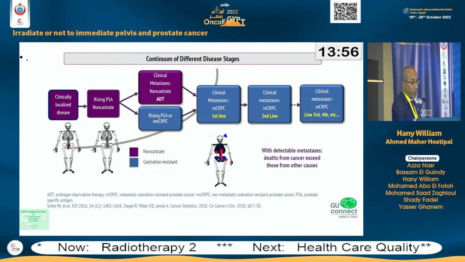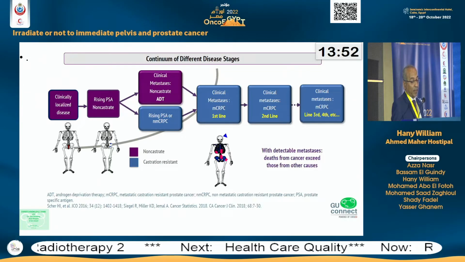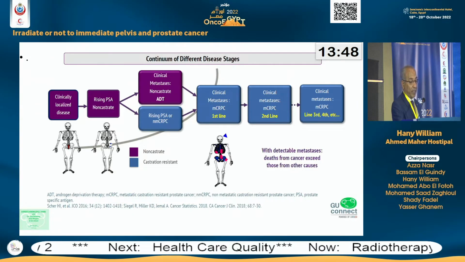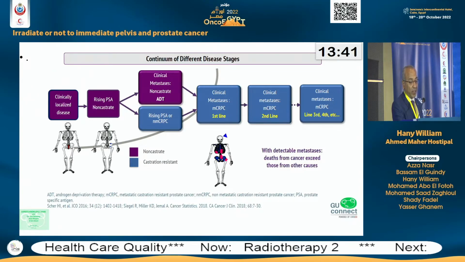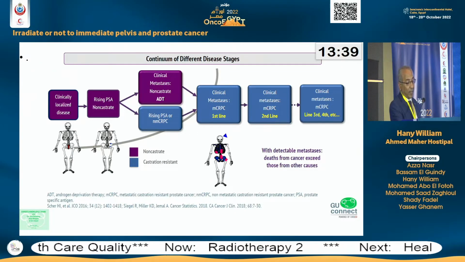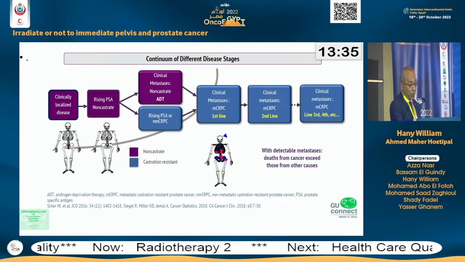The journey of prostate cancer starts from clinically localized disease, then localized treatment with radiotherapy or surgery, follow-up with rising PSA, then metastatic non-castrate, then castrate resistant, and first and second line systemic treatment. Once the patient has detectable metastasis, deaths from cancer exceed those from other causes.